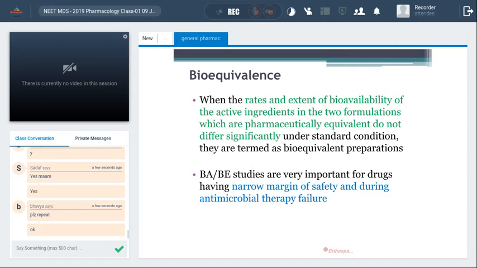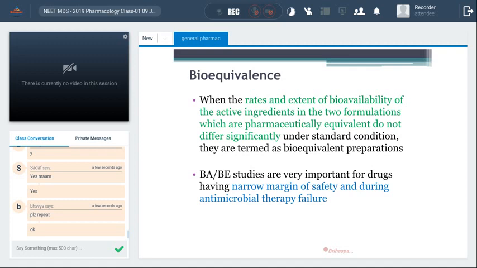Clear? So BA-based studies are very important for drugs having a narrow margin of safety. These drugs are not very safe, as even a mild increase in dosage can result in toxicity. They are called drugs with narrow margin of safety. And also during antimicrobial therapy failure, I have given an antibiotic and I don't know why there was a failure.